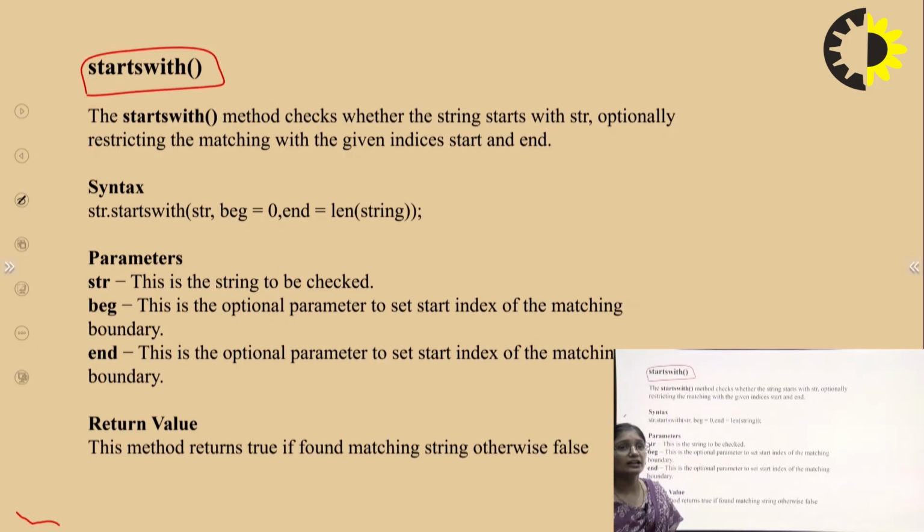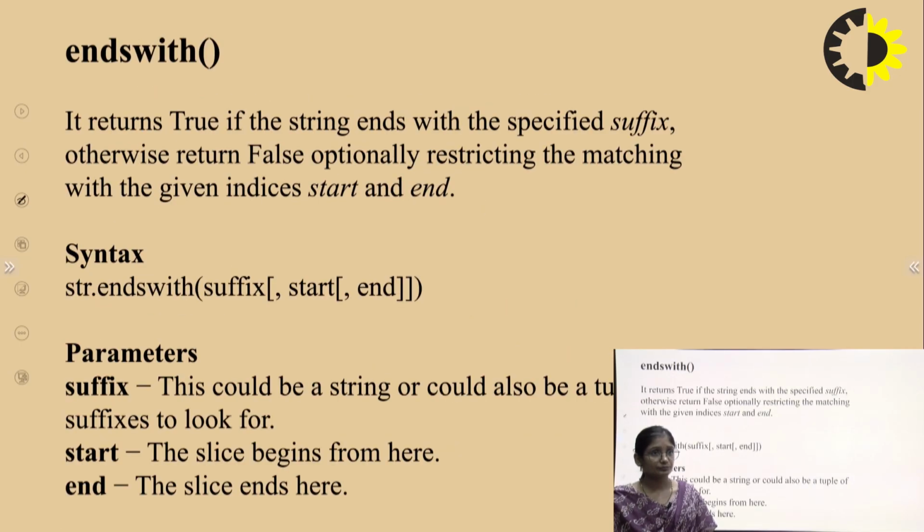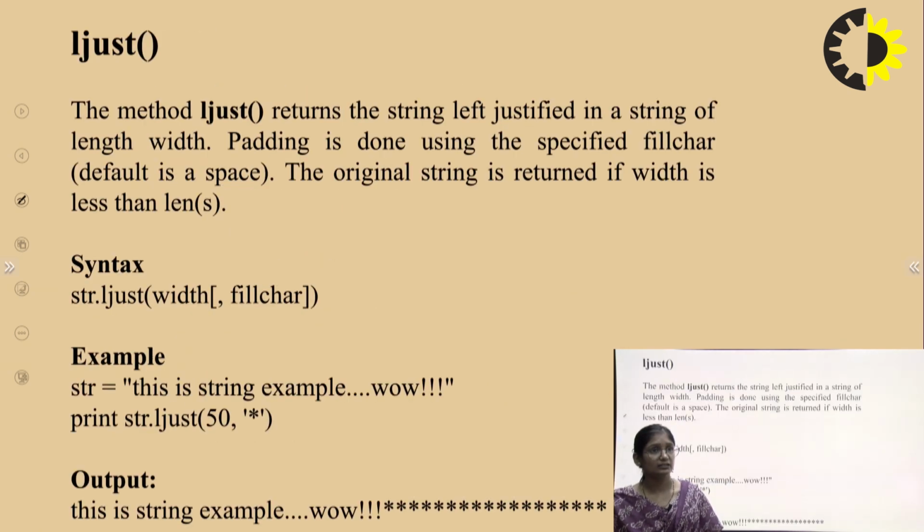This method checks whether the string starts with the given prefix, optionally restricting the matching with the given indices, start and end. endswith returns true if the string ends with the specified suffix, otherwise returns false, optionally restricting the matching with the given indexes, start and end.